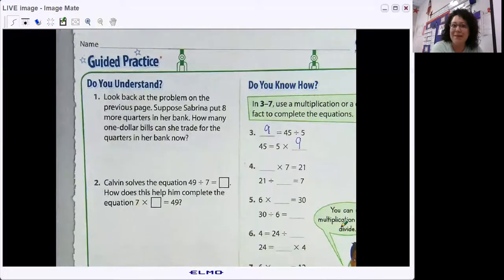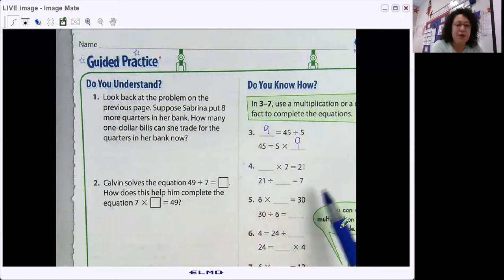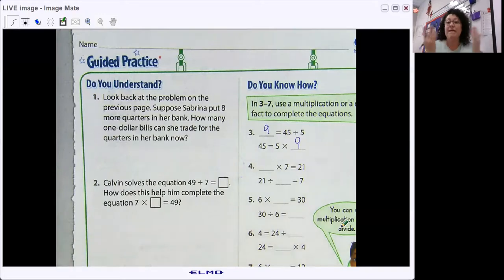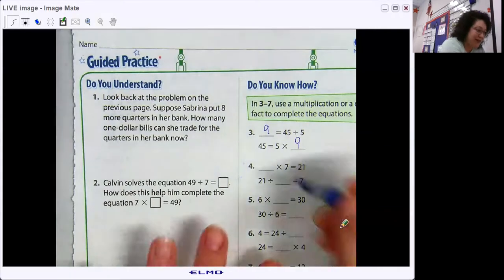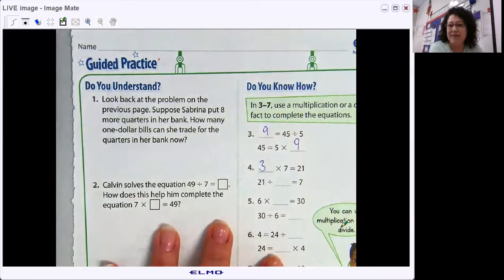It's amazing, right? All right, number 4, blank times 7 is 21, which means 21 divided by blank is 7, fact family, okay? So what times 7 is 21? 3 times 7 is 21, good.